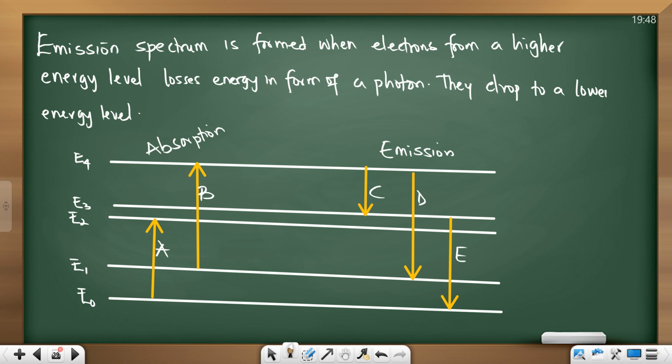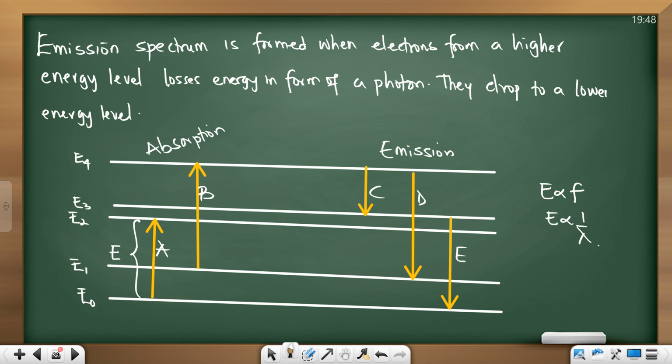Here is the skill that I wanted to see. All these yellow lines, you see from here to here, it represents energy. Do you remember we said energy is directly proportional to frequency and energy is inversely proportional to what? Wavelength. Which one do you think has, look at all of this diagram, which one has the longest wavelength?